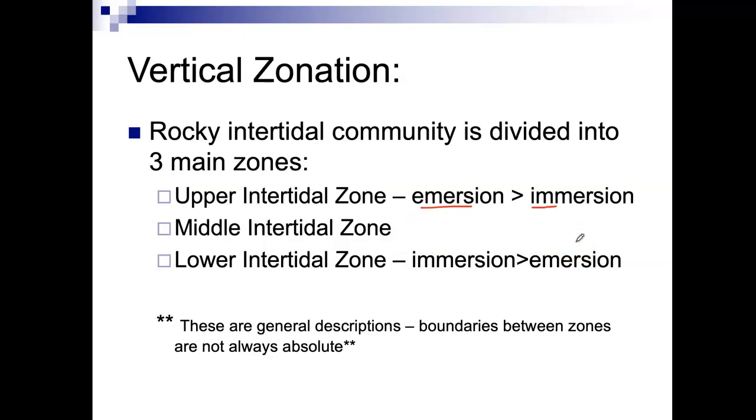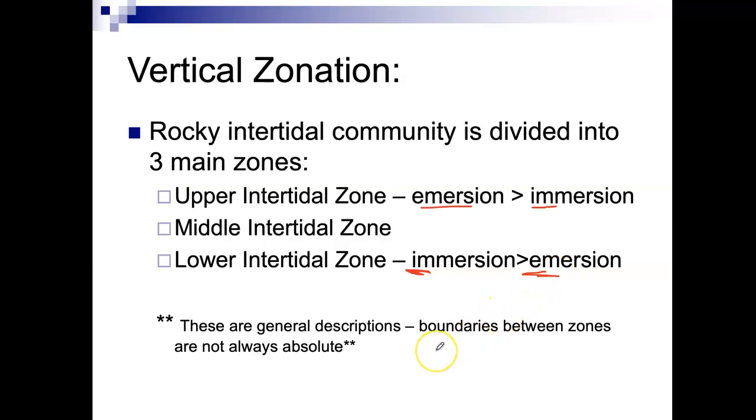But on average, if you take that whole area, the emersion time about equals out the immersion time, total time over a year. Then the lower intertidal zone, of course, is going to be where your immersion time with an I is greater than your emersion time. So your time immersed underwater is greater than your time outside the water. Again, as a whole, you're talking about over a year.